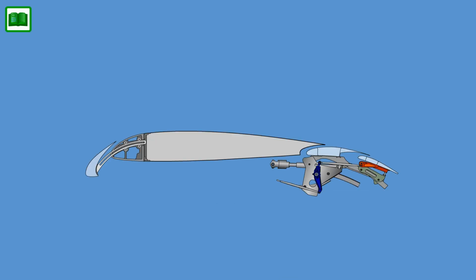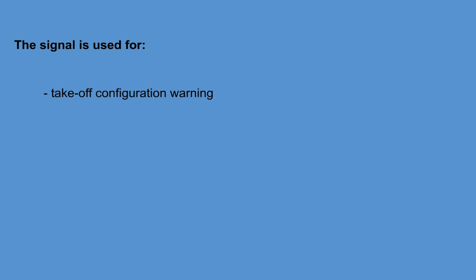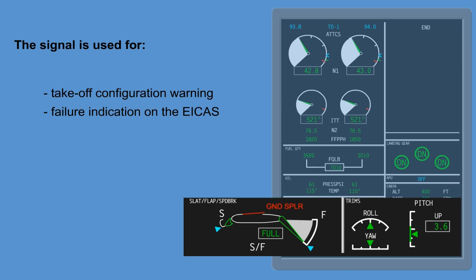The panels are held either in the fully stowed position or fully deployed position, 60 degrees. Proximity sensors are installed near the actuator, and when the panel is opened 6 degrees or more, it will indicate a not stowed condition. The signal is used for takeoff configuration warning and failure indication on the ICUS.